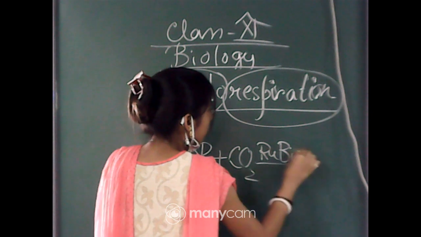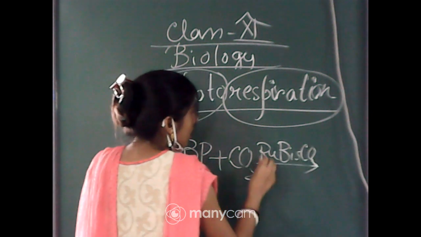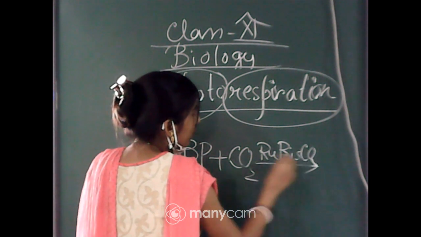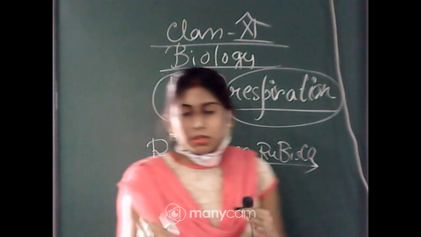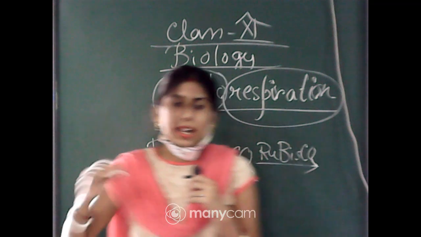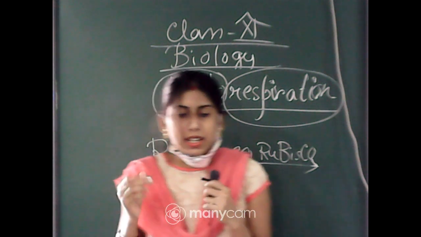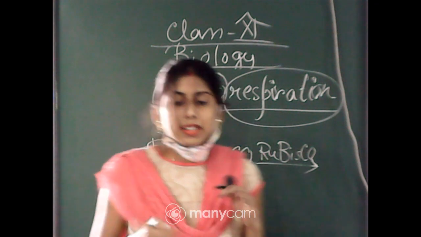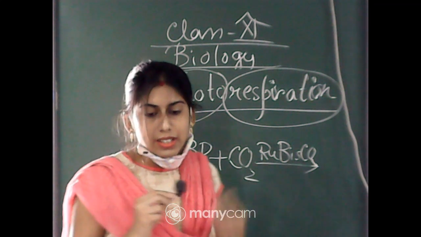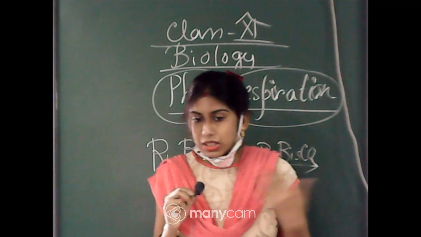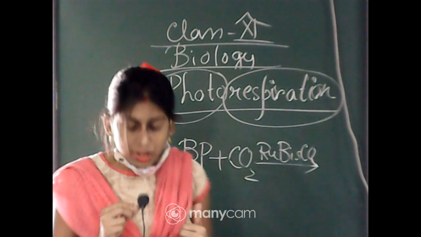So what is the full form of Rubisco? RUBP carboxylase and oxygenase. So this particular enzyme has both the activities, carboxylase and oxygenase. In this particular reaction, this enzyme was acting as carboxylase because we needed to fix the carbon dioxide.